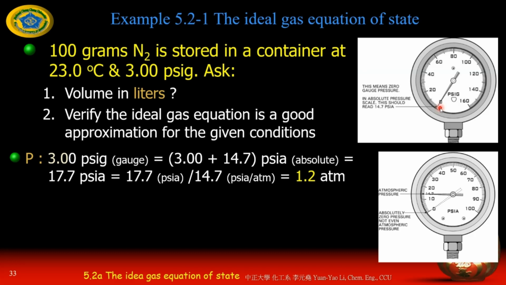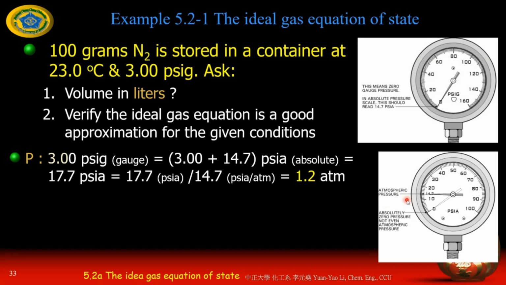No, because this is what we call 1 atm, or 14.7 psi. If you put this gauge in this environment and it reads psia, the pointer will go to 14.7. So this is atmospheric pressure, right?